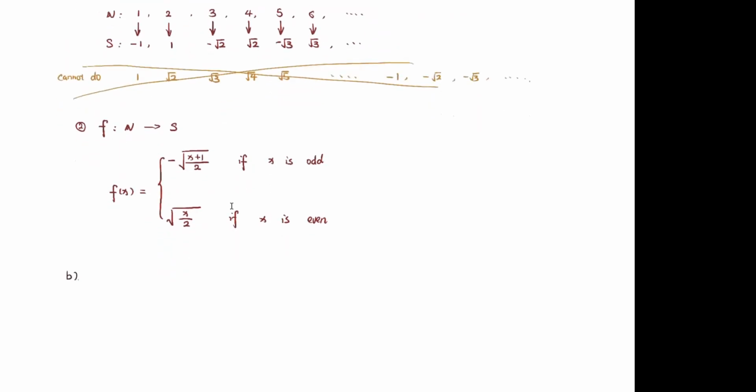Okay, part B, the interval 0, 1 and the interval 0 to infinity. So we want f. You can have multiple functions for it to work, but here is an obvious one. We can have f of x equals 2 over pi arctan of x.